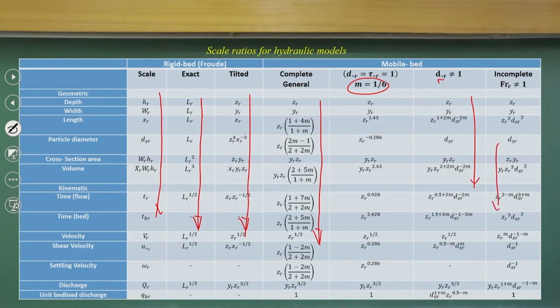If you look at these tables, they clearly indicate that I can compute the geometric particle diameters, the cross-sectional areas, the volume, and kinematic properties like time, flow velocity at the bed, shear velocity, settling velocity, discharge, and unit bed loads. Q_BR stands for unit bed load, which we consider for the mobile bed.